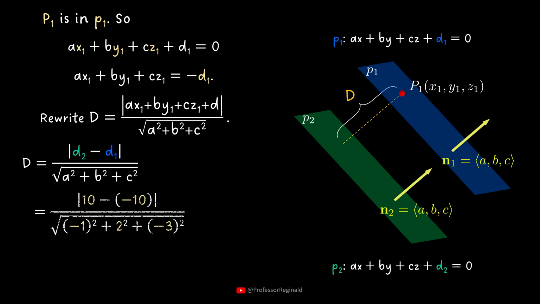Substitute the required quantities. Therefore, the distance between the two parallel planes is 20 over the square root of 14. So let us summarize computing the distance between two parallel planes.